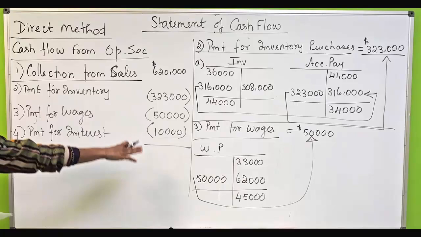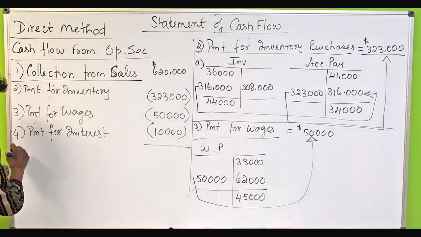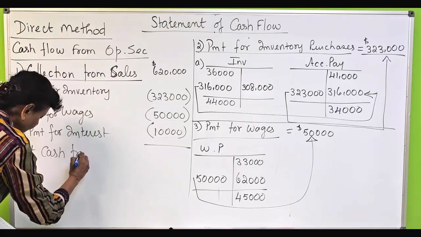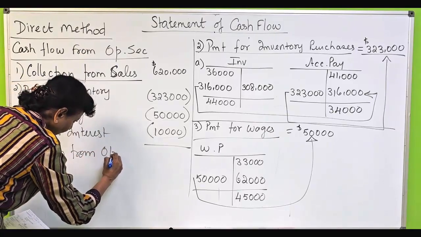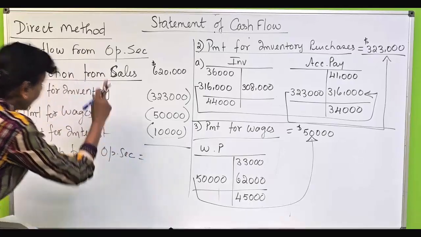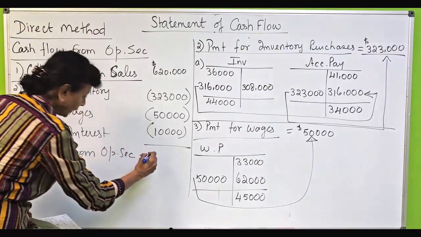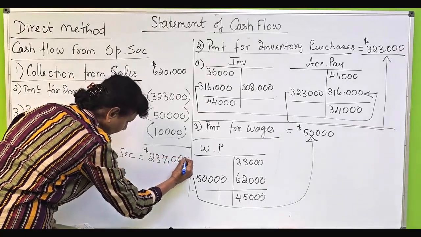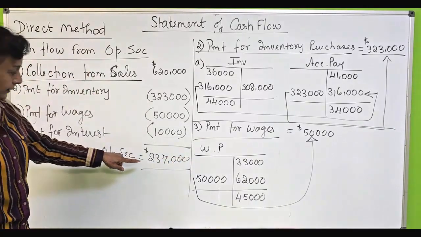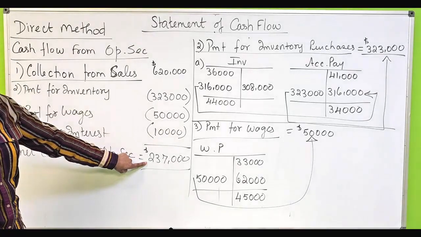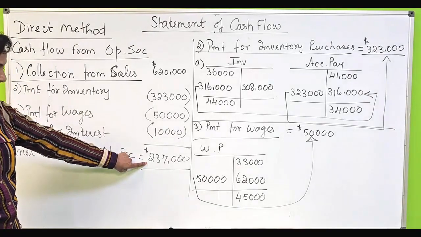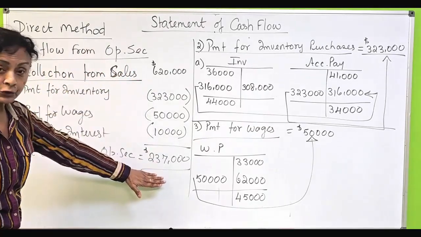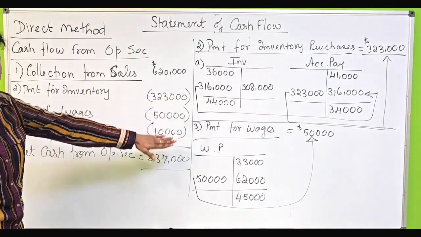So if you do the calculation, that gives you your net cash from operating section under the direct method equals 237,000. So this is the same number we also calculated from the operating section cash flow under the indirect method. So this is what you will do in your statement of cash flows.